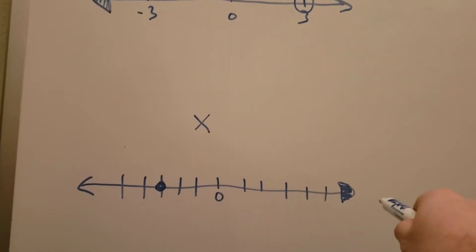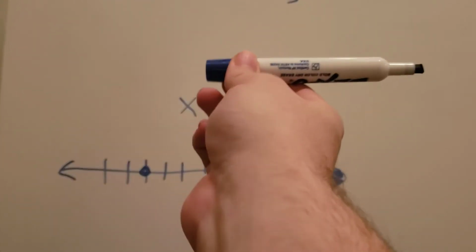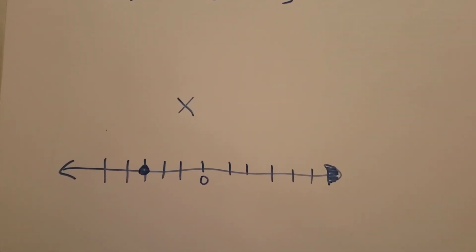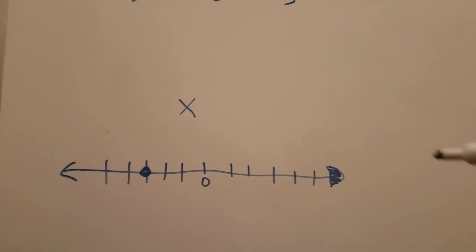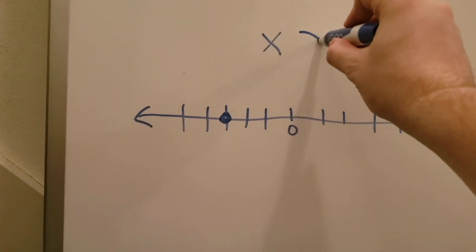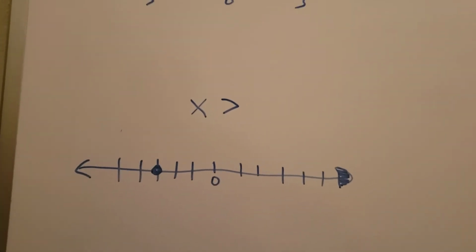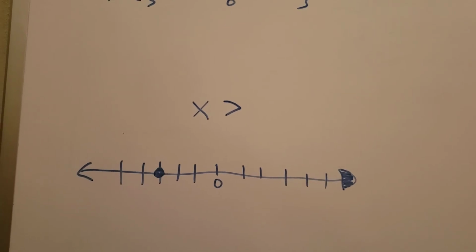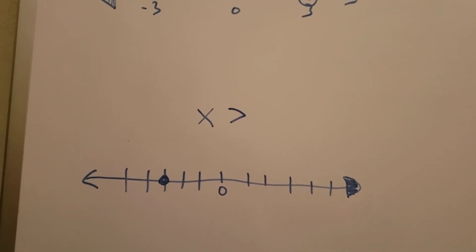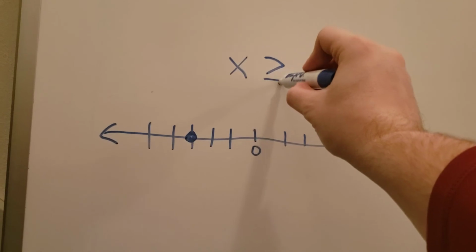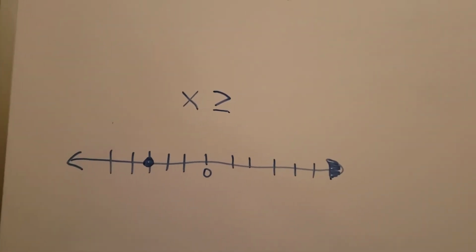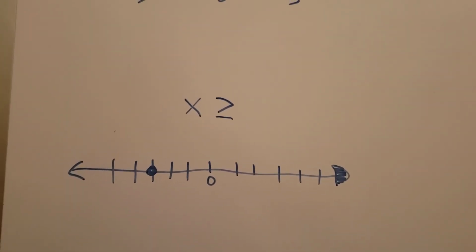Obviously, because this arrow is shaded in, we're going this way on our number line, and that's the greater than side. So we're going to make a greater than symbol. And because the dot is filled in, that means the number there is included. So we have to write a line underneath it to show that it is included in the inequality.